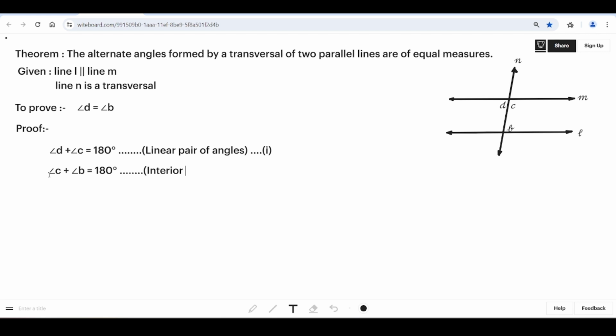It can be given by the interior angles theorem. Right? We'll name it as equation number 2.